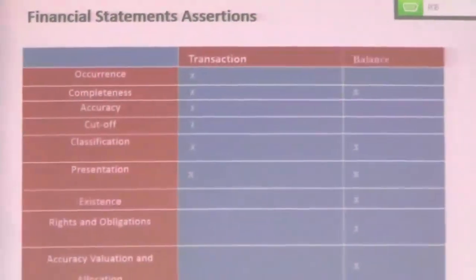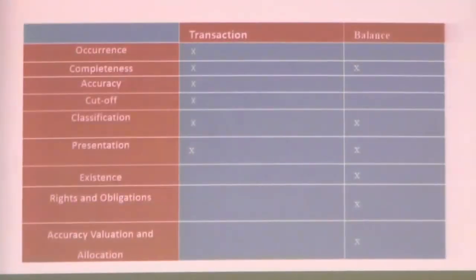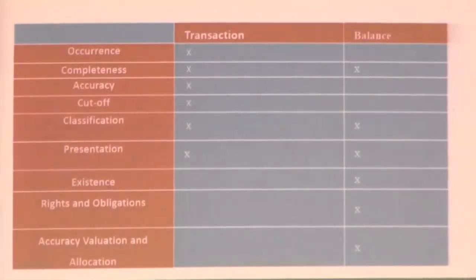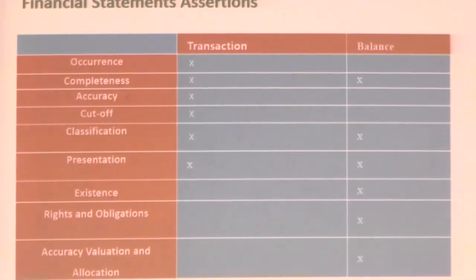What I explained earlier, when a sale transaction happened, I said there is a debtor in existence, and then there is a right for collection. Like that there are assertions. These assertions are applicable to transactions, occurrence. Completeness means how do we know all sales transactions that took place have been recorded?